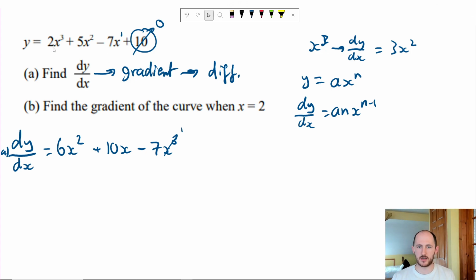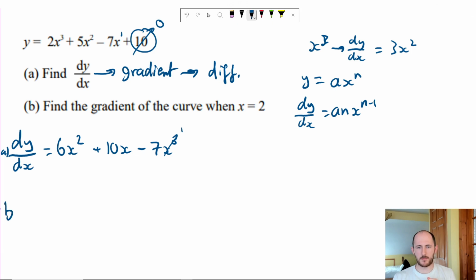The gradient of 2x cubed is 6x squared, 5x squared is 10x, minus 7x is minus 7, the gradient of 10 is nothing because it doesn't change. It is a flat horizontal line. Whereas if you drew the graph of minus 7x, it's a straight line going diagonally downwards, right? So the gradient would just be minus 7.